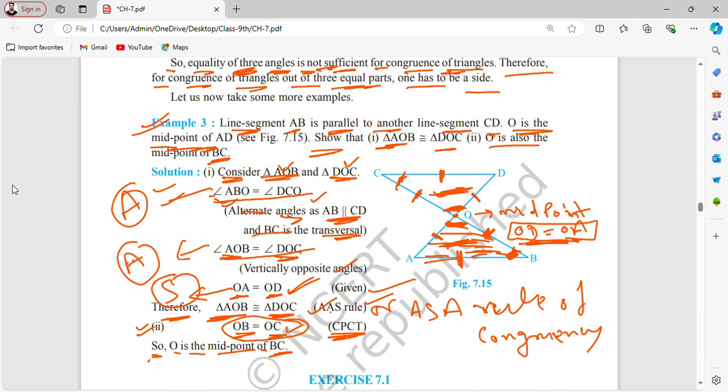If OB and OC are equal, it means BC is equally divided. So O will be the midpoint of BC. So that is the proof of this question. That is how to prove these types of questions with the help of congruency.